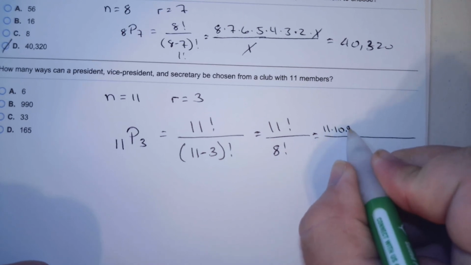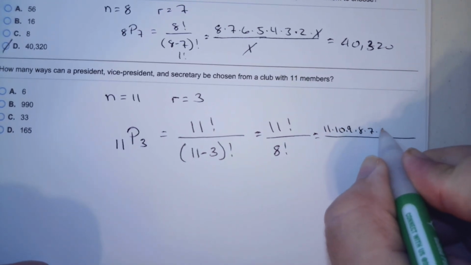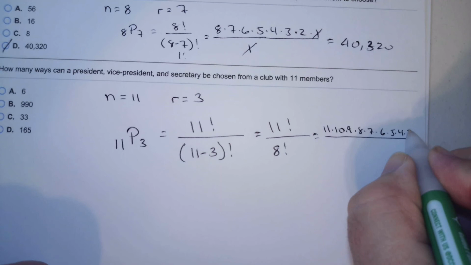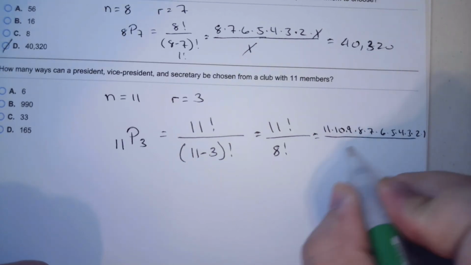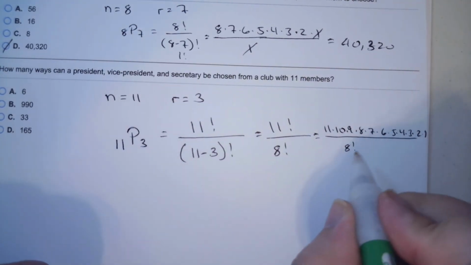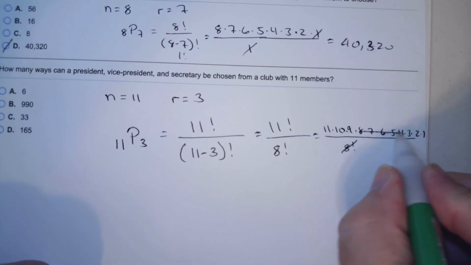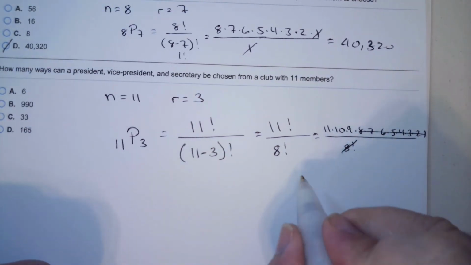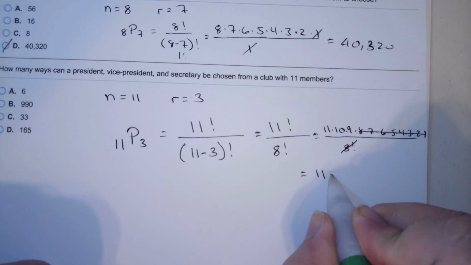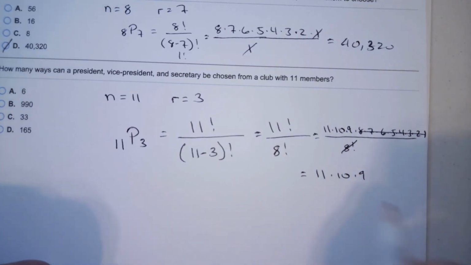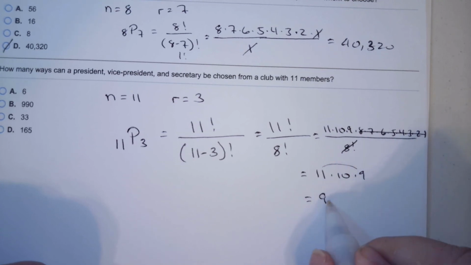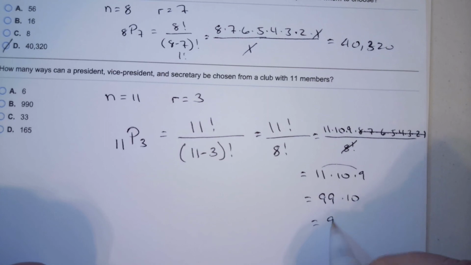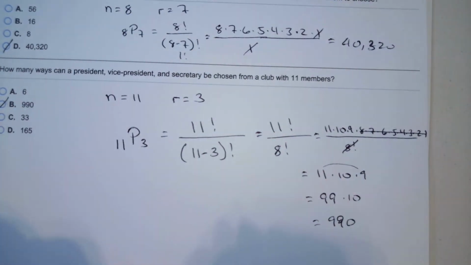So 11 times 10 times 9 times 8 times 7 and so on down to 1, over 8 factorial, which is 8 down to 1. So 8 down to 1 cancels. All we have left is 11 times 10 times 9. 11 times 9 is 99, times 10 is 99 with a 0 behind it. So the answer is B.